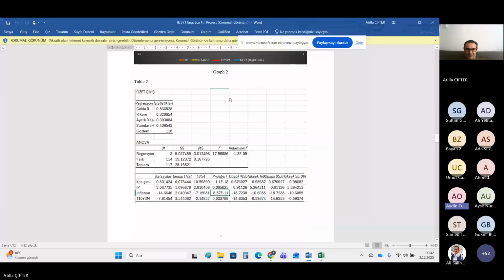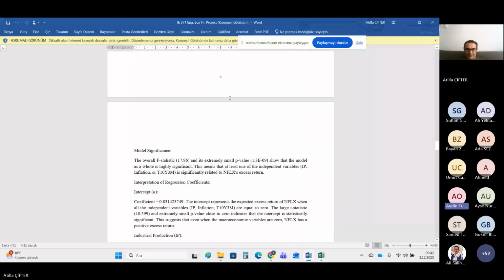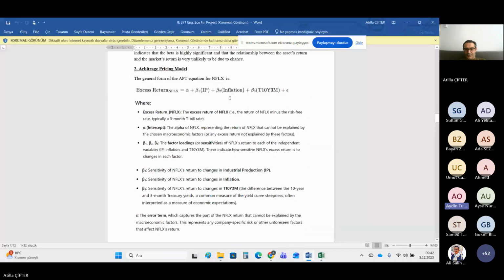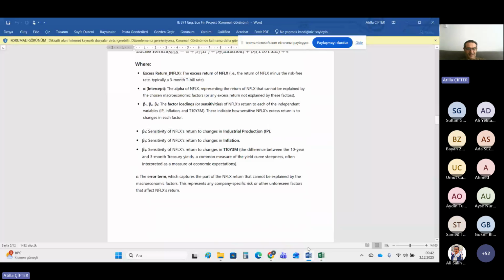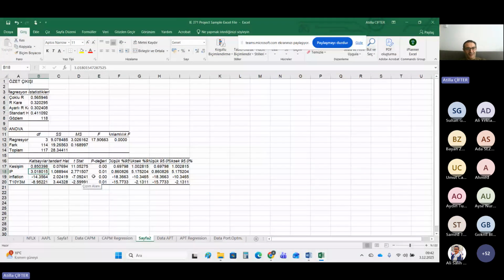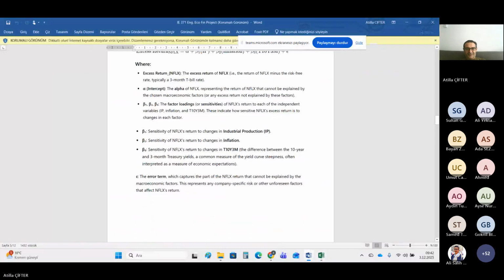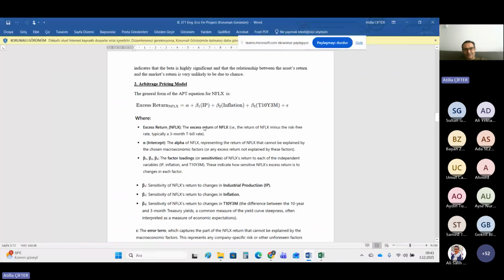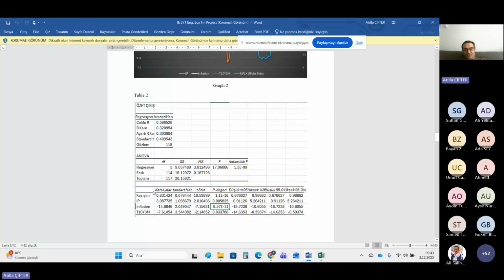Hocam, for the arbitrage pricing model, how can we find alpha, betas, and error rates? It's here. When you run the regression output, this gives alpha, beta 1, beta 2, beta 3. These are the coefficients that we take. You can see alpha, but alpha is a constant, kesişim in Turkish, okay?